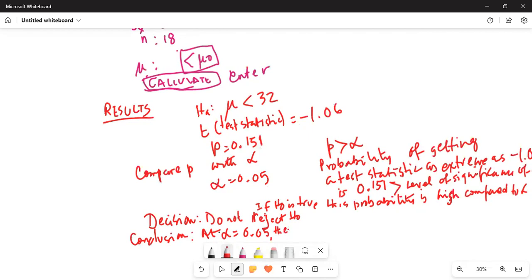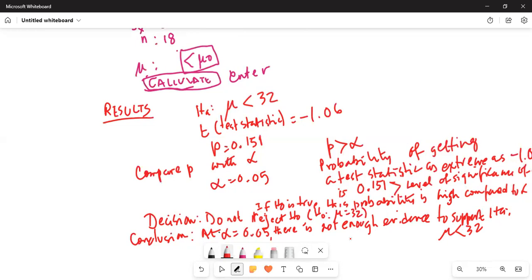There is not enough evidence to support HA. What was HA? Mu is less than 32. We are not supporting that. Okay. HA was mu less than 32. So do not reject H0. What is H0? H0 is mu equal to 32.